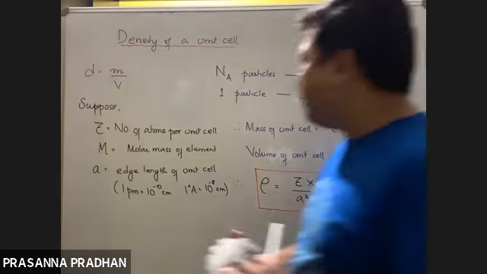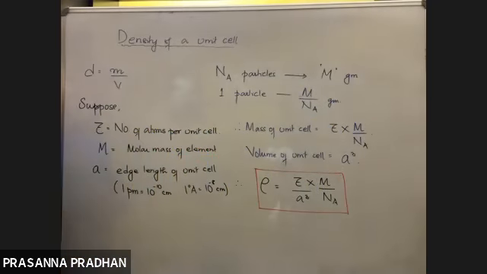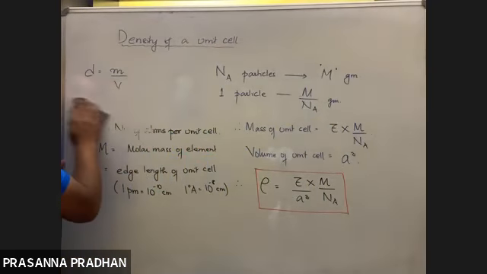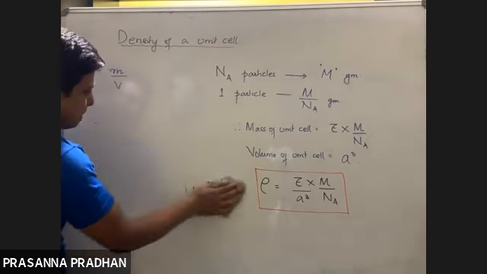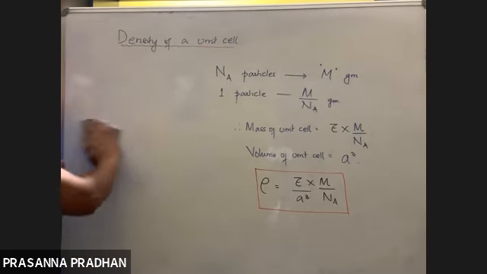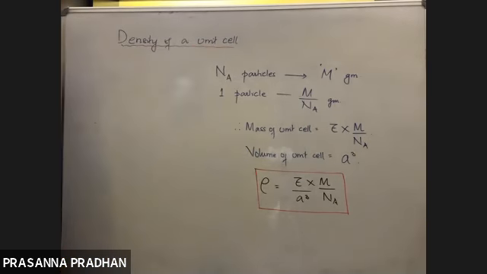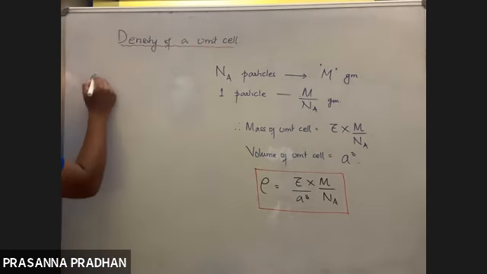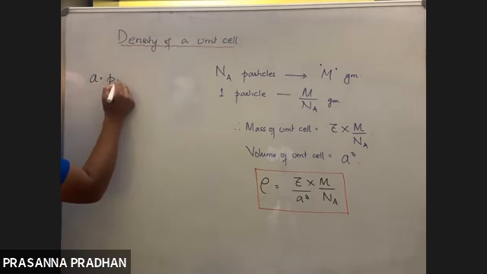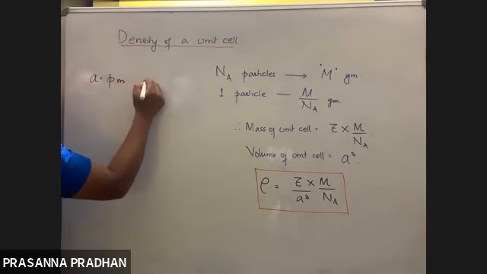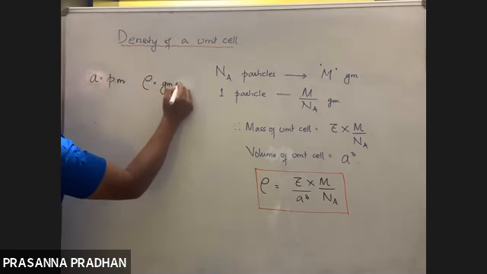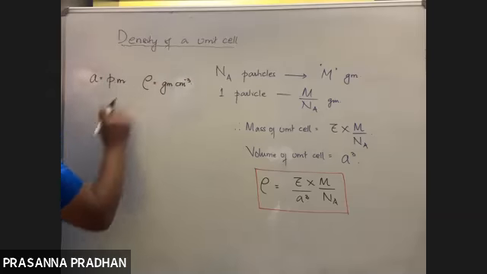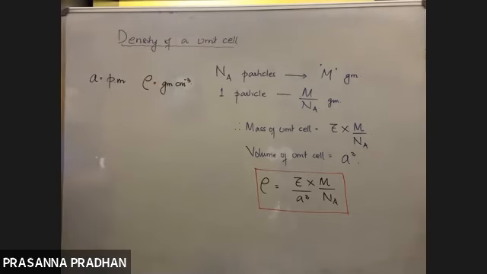Okay, now you tell me, if A is in picometer, now you do this on your own kindly. I'm not going to do this. If suppose A is in picometer, and you want to find the density in gram per centimeter cube, not gram per picometer cube, so what will you do? ये तो तुम्हारा picometer में दिया है question में.